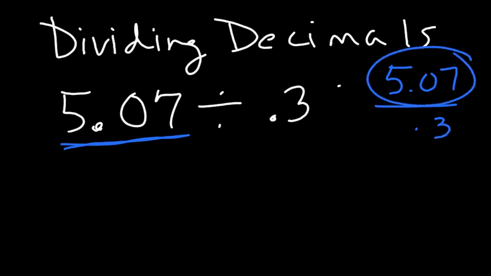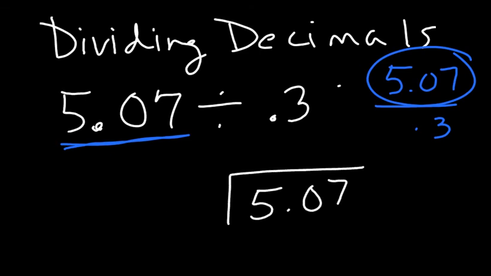So, first thing to do is put 5.07 in the box, and the 0.3 goes out here.